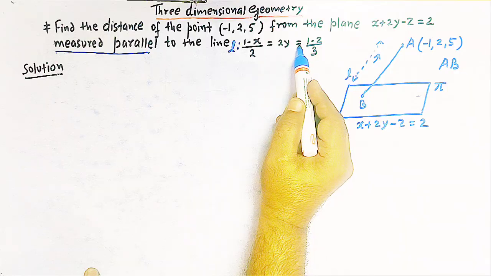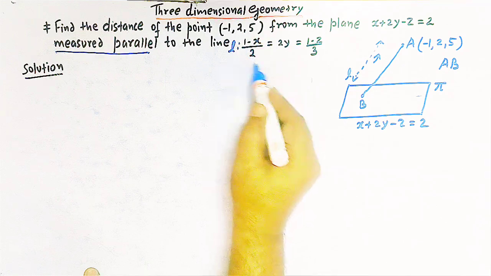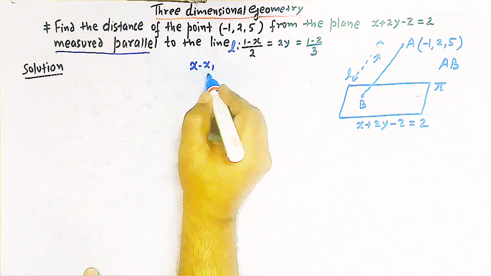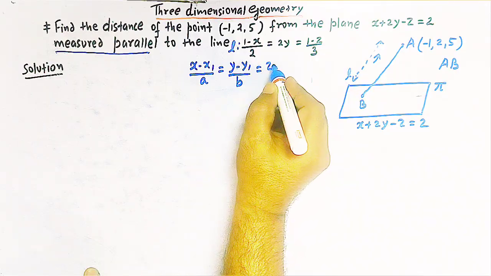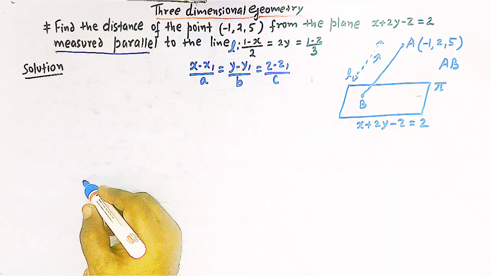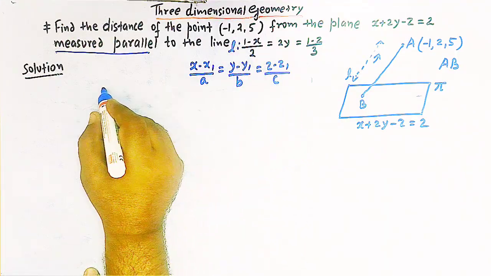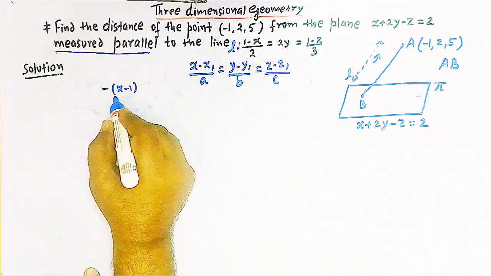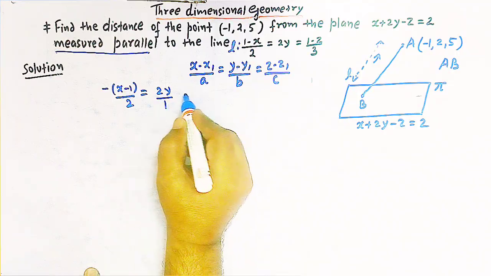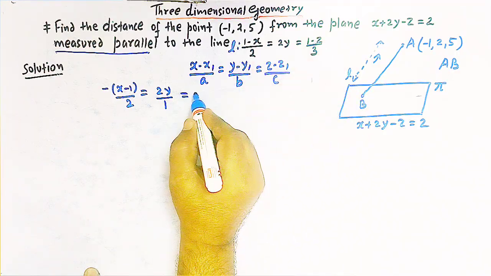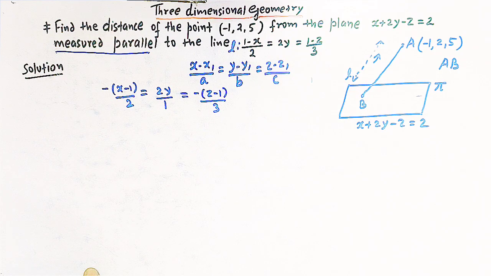Now the equation of the line is given as (1 - x)/2 = 2y = (1 - z)/3. Let us first express this equation in the form (x - x1)/a = (y - y1)/b = (z - z1)/c. Here we have 1 - x, so we can write -(x - 1)/2, here we have 2y over 1, and here we have -(z - 1)/3, right?